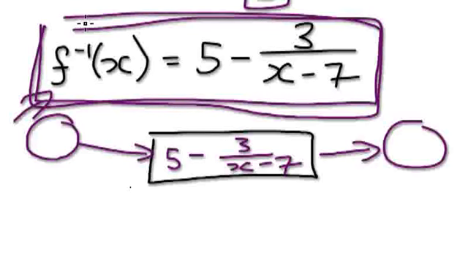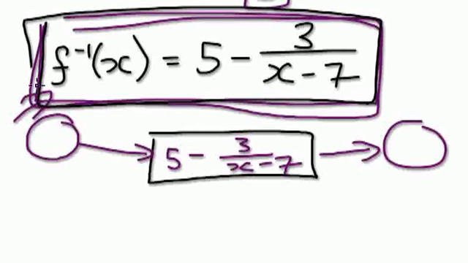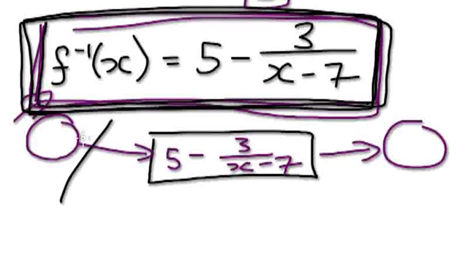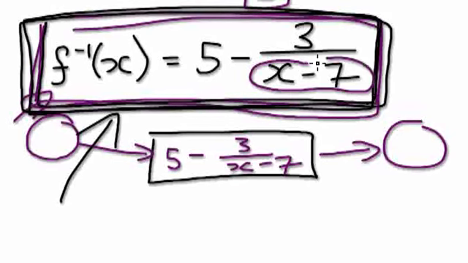Okay. Now you've got to look at the domain. What's the domain of this inverse function here? Well, find out what really breaks this function down. What breaks it down is when this thing here is 0. So when is this thing 0? Well, this thing is 0 when x is positive 7.